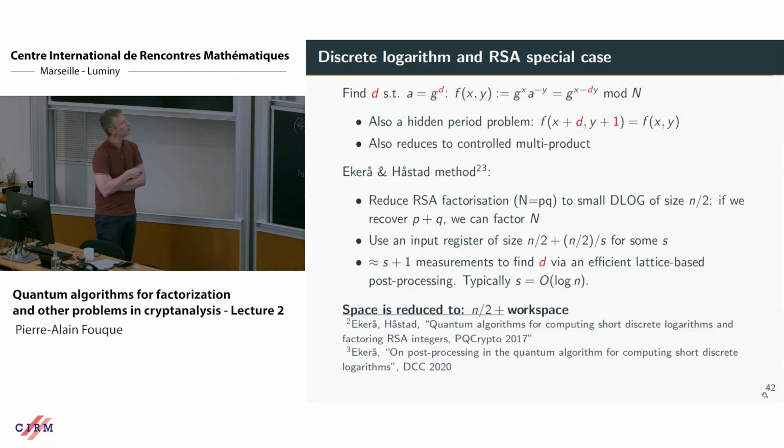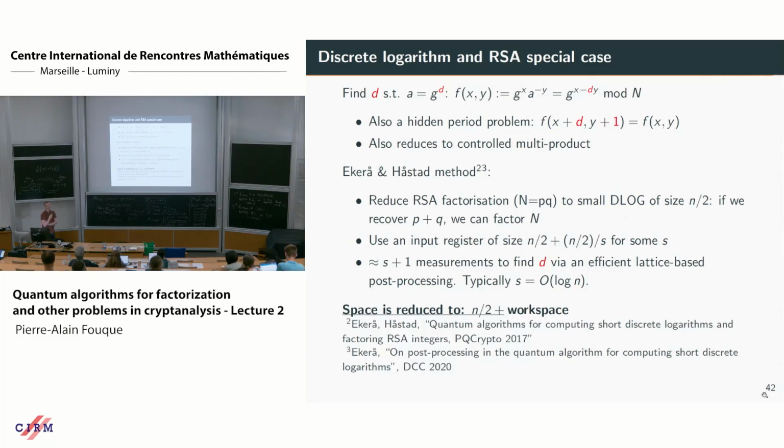If you do this s plus 1 times, then, using a post-processing stage, you can recover the discrete log. The post-processing is well known in cryptography: you have to solve a hidden number problem, and we know how to solve it very efficiently using lattices.